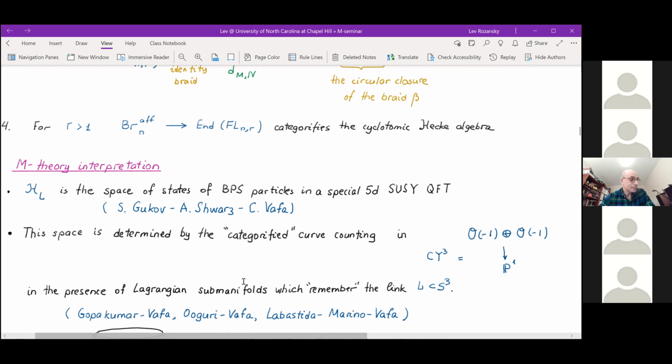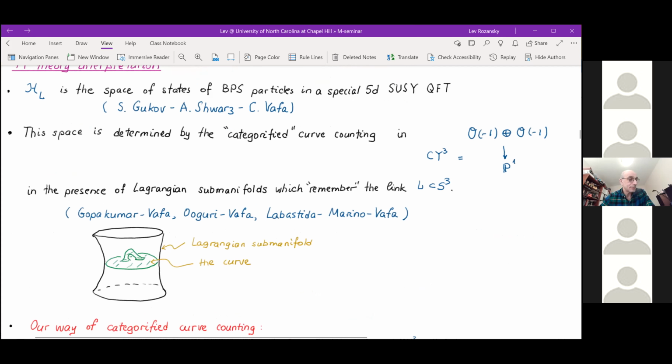So I'm a bit outdated. Are you talking about counting of curves, open BPS states, like curves with boundary on the Lagrangian? Yes, exactly. So those curves will have holes, and the boundaries of those holes have to sit on those Lagrangian submanifolds.